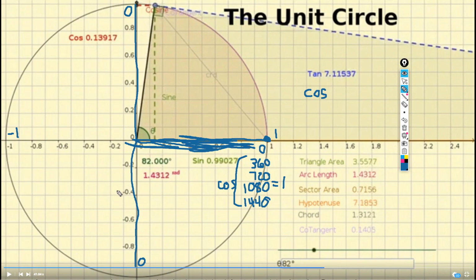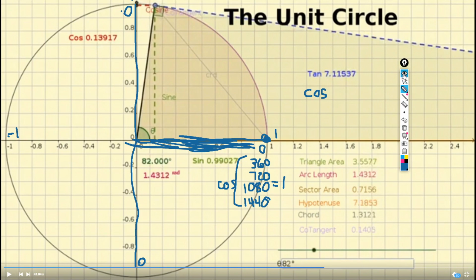So what that means is if we graph cosine for all degrees, we get repetition, okay? We start at 1, then go to 0, then to -1, 0, 1, 0, -1, 0, 1.